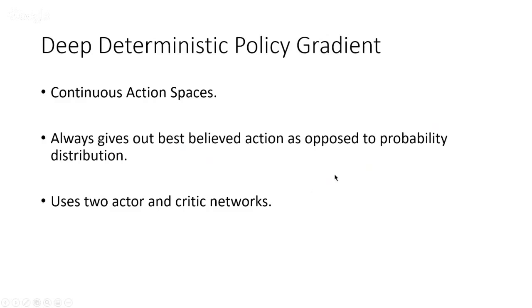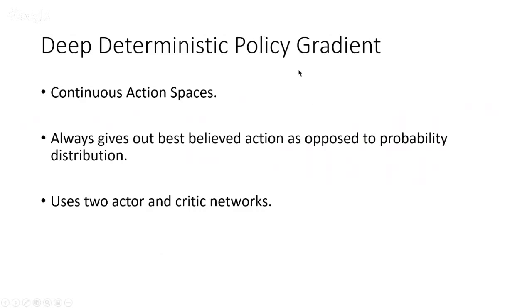So in this, the actor network will give out a set of actions, and all actions pertain to your continuous action space, right? Because in this case, your environment has a continuous action space.